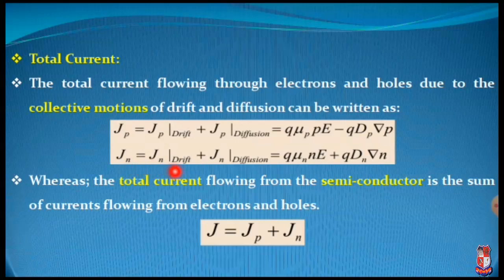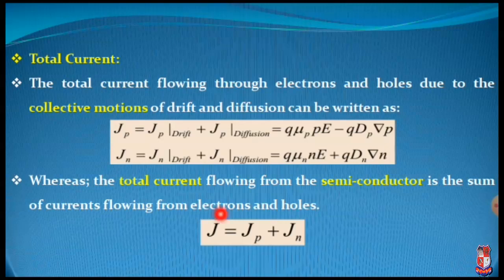Similarly, Jn is equal to Jn drift plus Jn diffusion, which is equal to Q mu n n E plus Q Dn gradient n, whereas the total current flowing in the semiconductor is the sum of currents from the electrons and holes, no matter whether it is from drift, diffusion, or their collective motion.